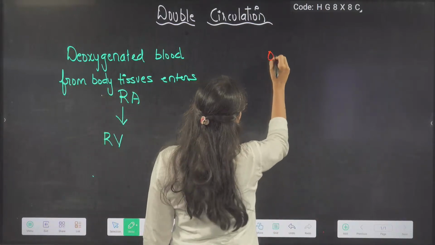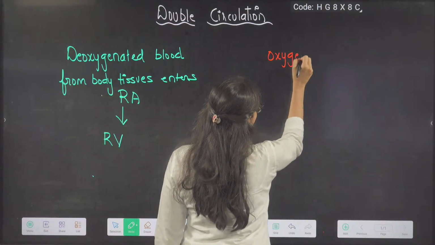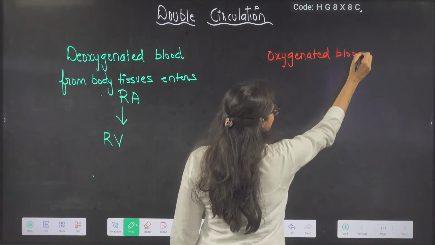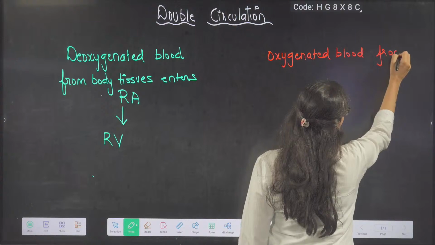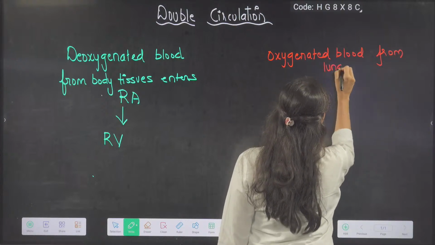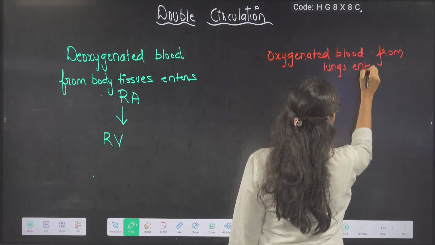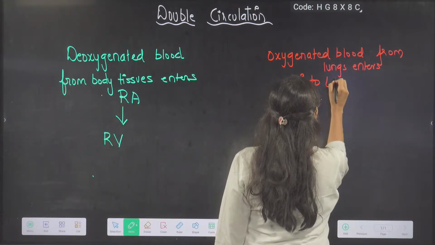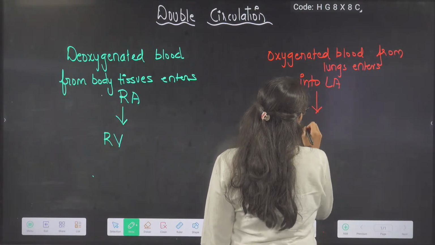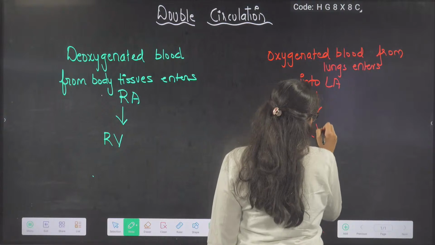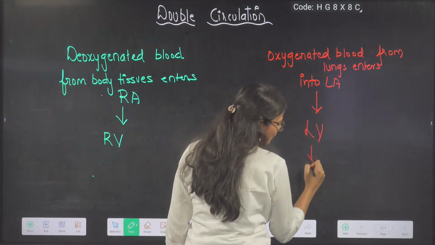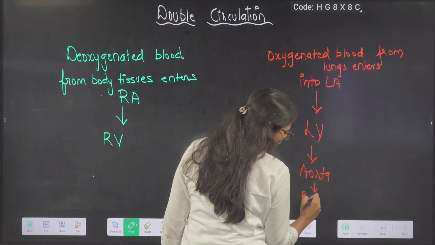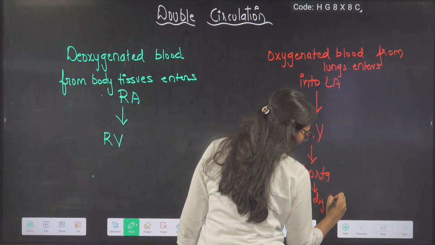Then you have this oxygenated blood, right? Simultaneously, from where it is coming? From the lungs. Where it enters? It enters into left atrium. From here it will go to left ventricle, from left ventricle to aorta, from aorta to body tissues.